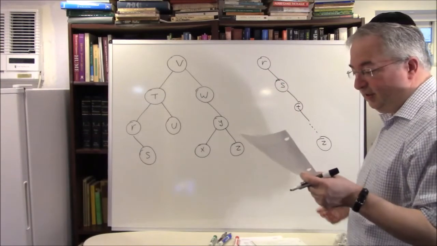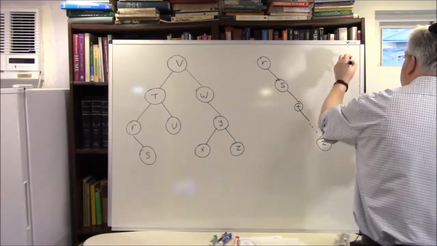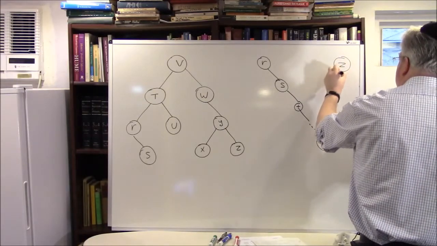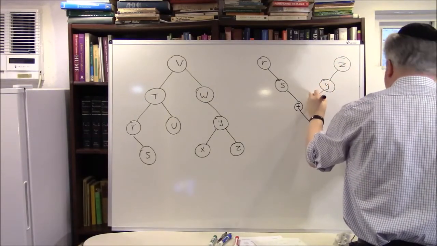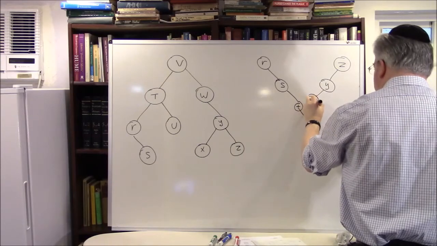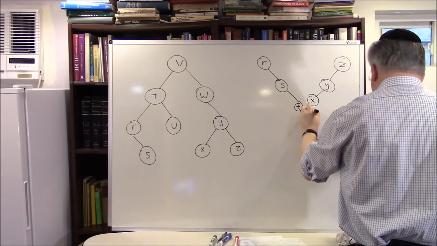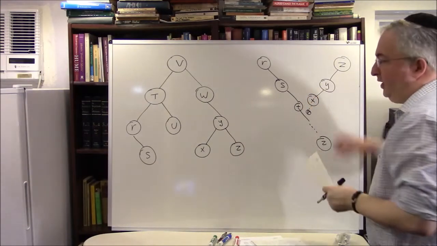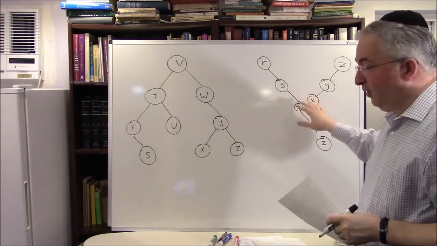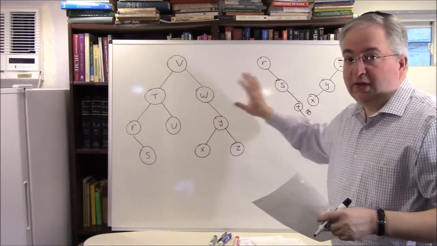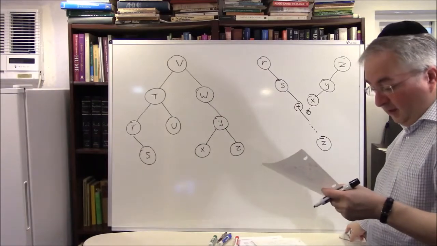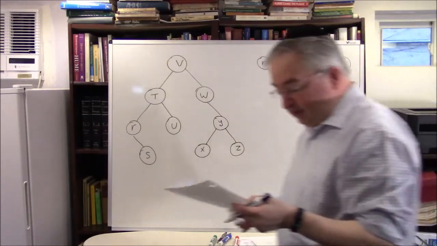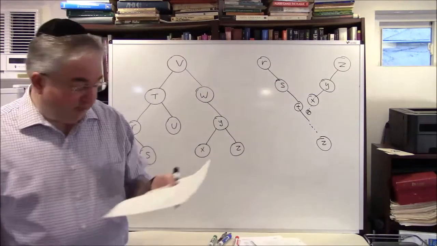It has everything in it. And of course there's the other way also. You can have Z less than Y, less than X, all the way to R. Again, these are longer. These two are much longer than this. We like this, we don't like this. Okay, great. The book has other examples. You have to read the book for the other examples.